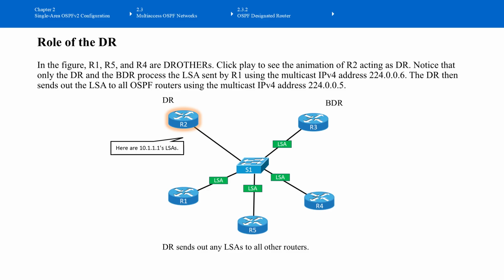The main concept to remember is 224.0.0.6 is sent to the DR and the BDR. For 224.0.0.5, that means the DR sends to all OSPF routers. This is why we need a DR on a multi-access network. It controls LSA distribution instead of every router exchanging LSAs directly with other routers.